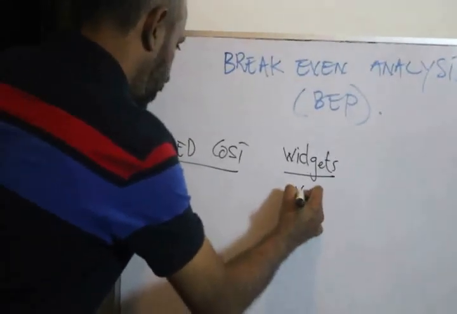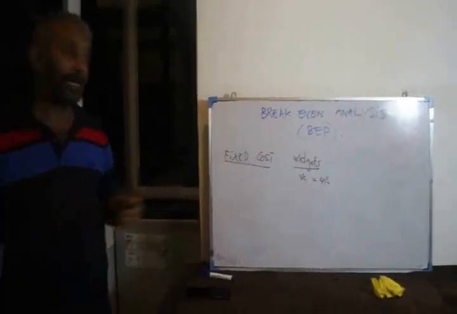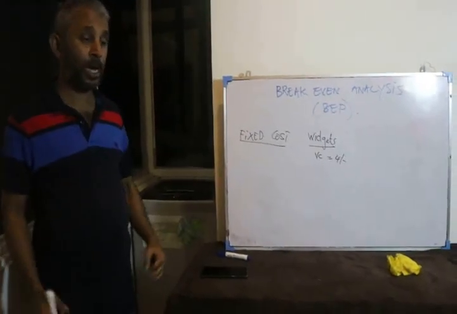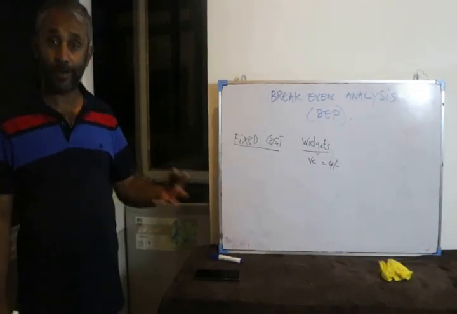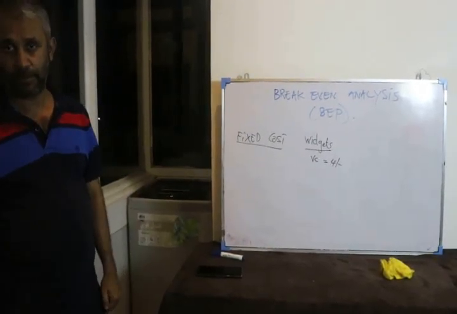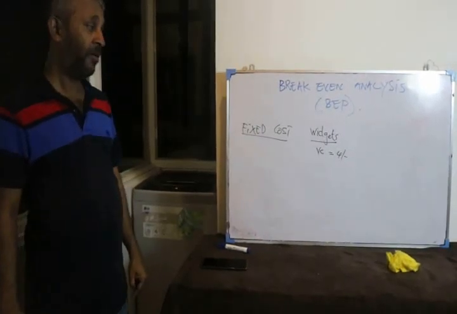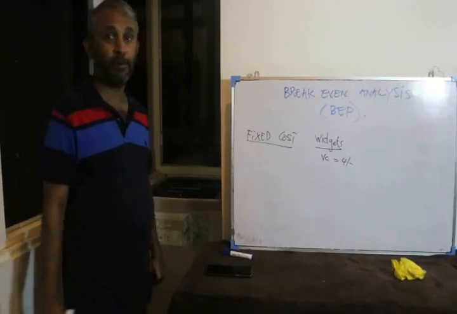and we say that variable cost is $4, but we need a place to have the factory. And if the company cannot own their own factory, then the company needs to hire or rent a factory. The landlord or the owner of the building will not be worried about the number of units the company will produce.